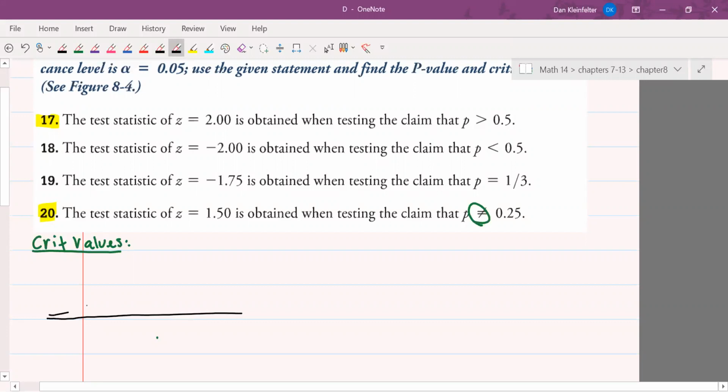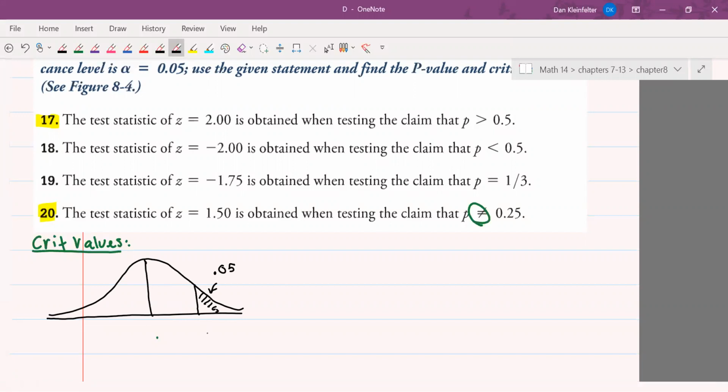We're testing this claim that p is bigger than 0.5. So that means it's a right tail test because it's got a greater than in it. So that means our right tail should be 0.05. Okay. So then if our right tail is 0.05, then it's going to be 1.645. That will be our critical value.